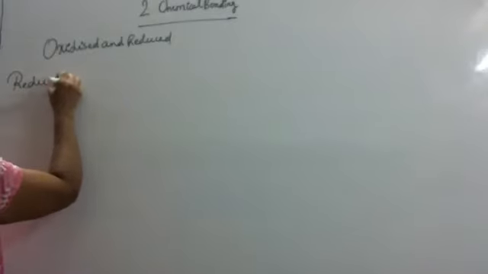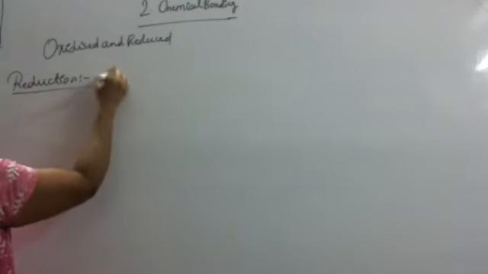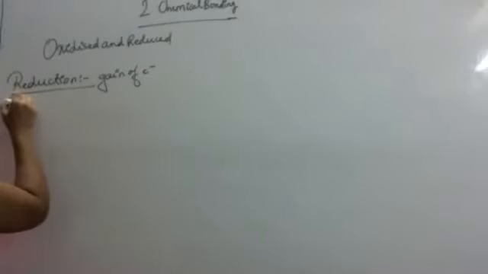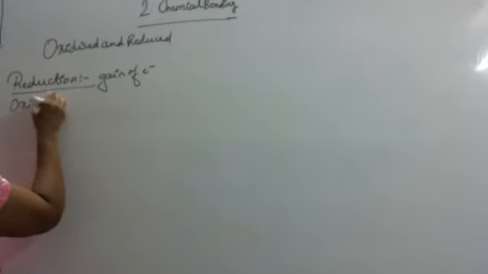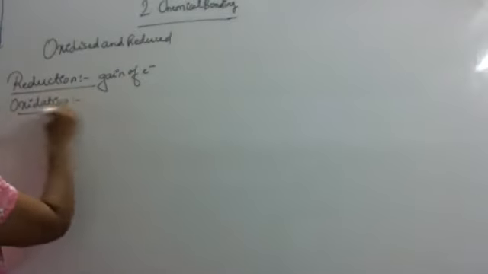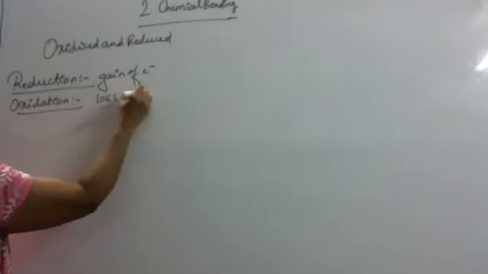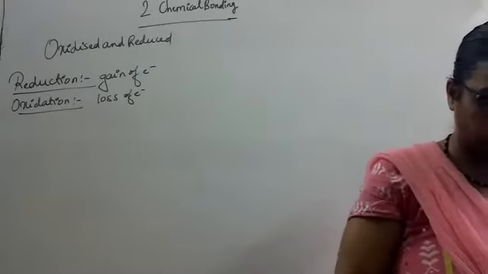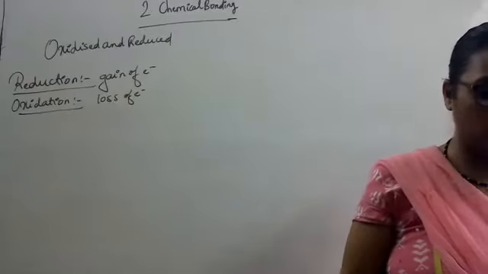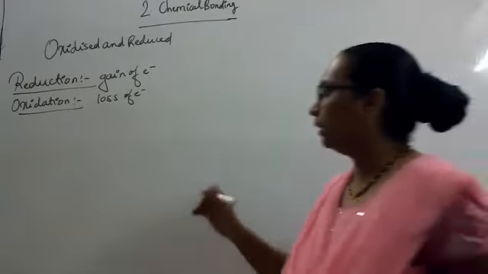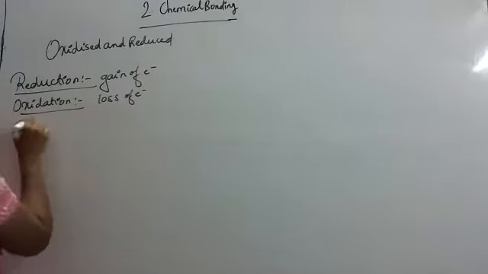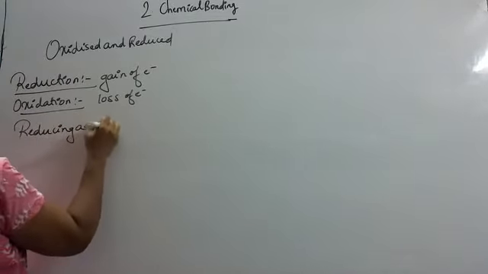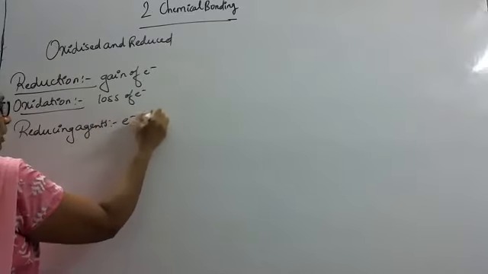Reduction. Reduction is what? Reduction is gain of electrons. Oxidation. Oxidation is what? Loss of electrons. Okay. Then reducing agents are electron donors.